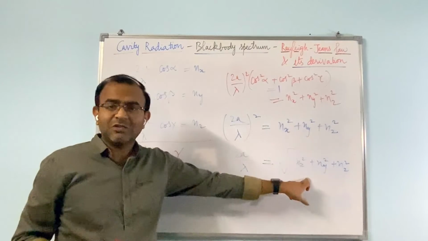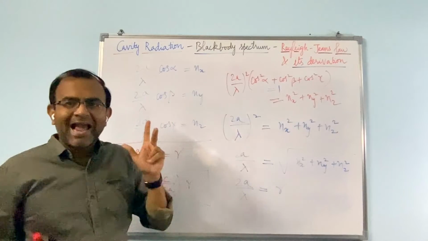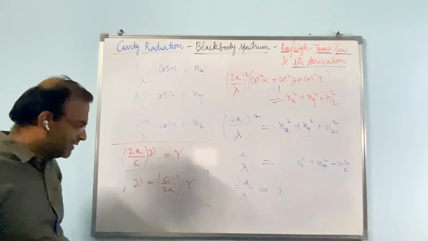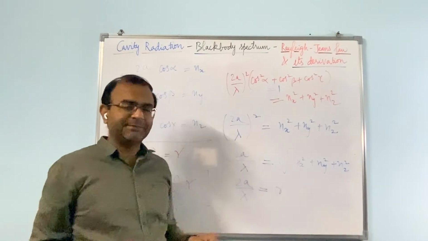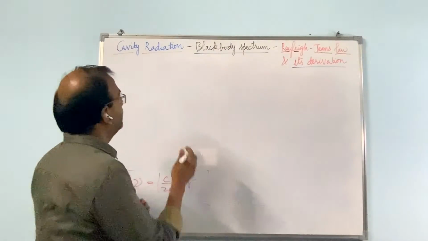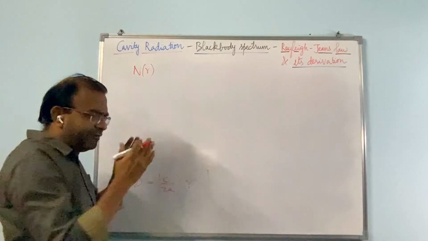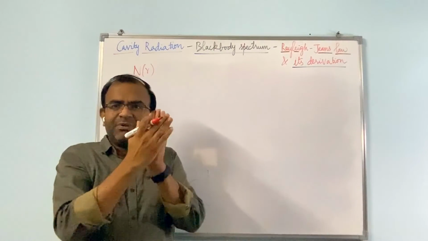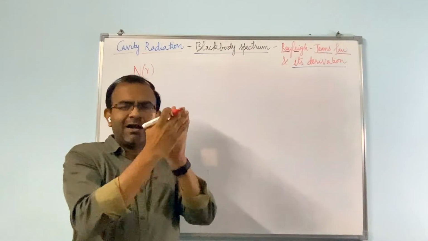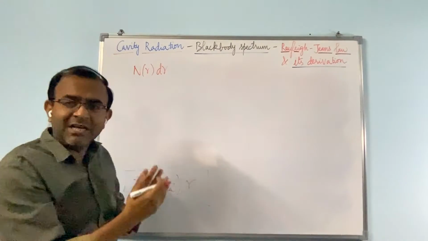This equivalency is because of our construction where we have taken nx and ny and nz to be the three axes to account for the number of allowed waves along three directions x, y and z, and therefore this relation holds true. So in our diagram, let us say nr is the number of lattice points present between the two shells of radii r and r plus dr, and dr is the thickness of the shell itself.